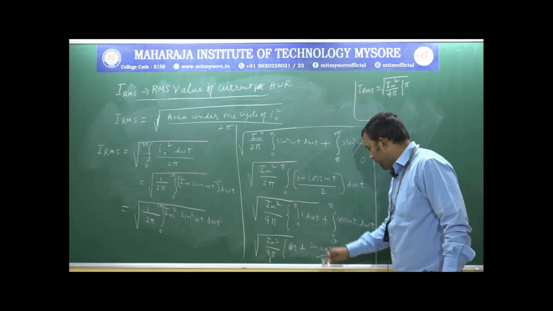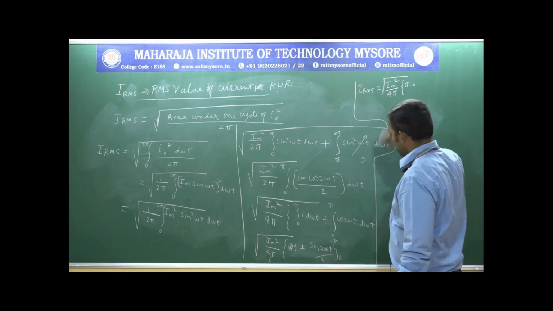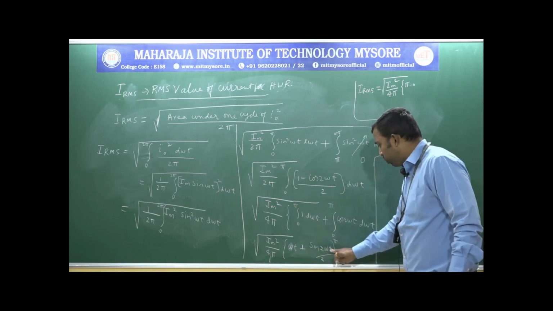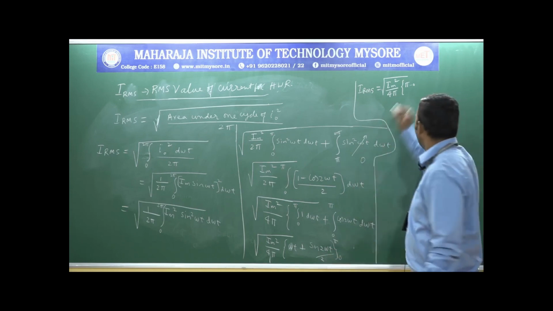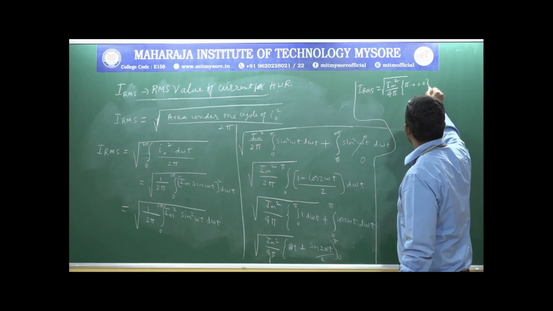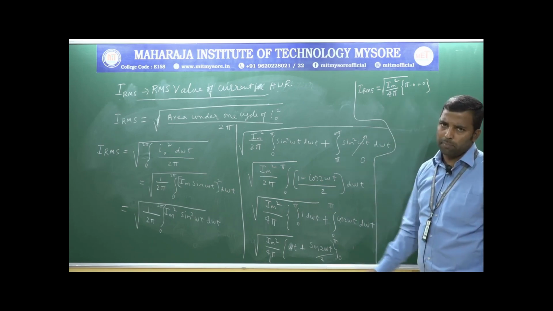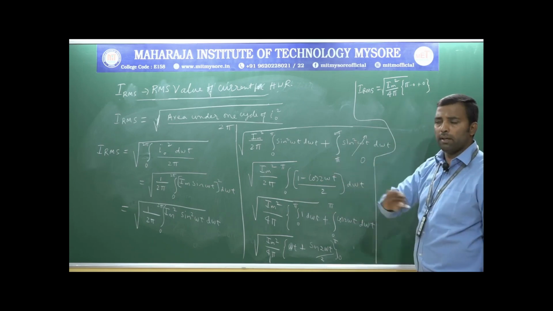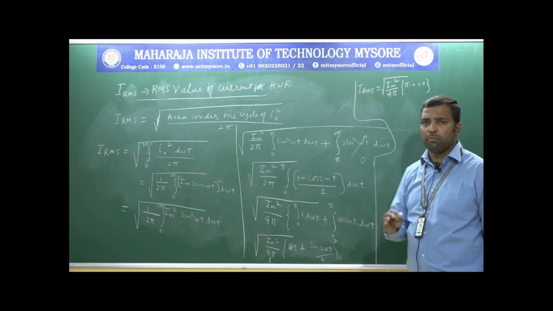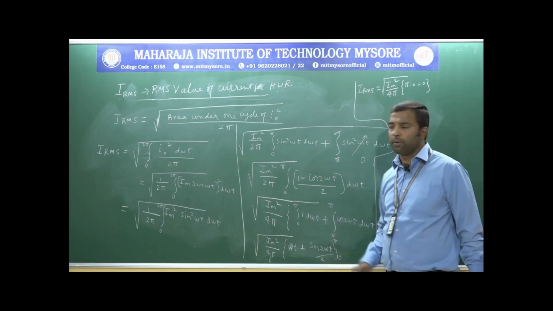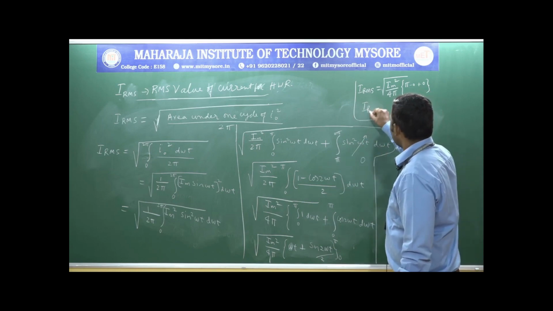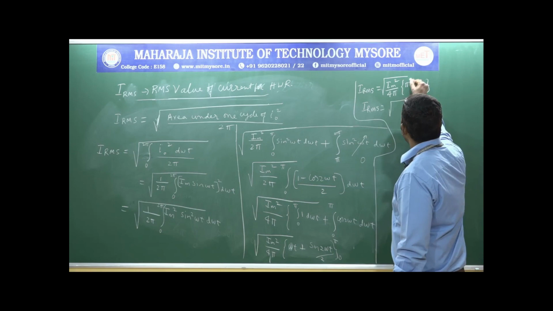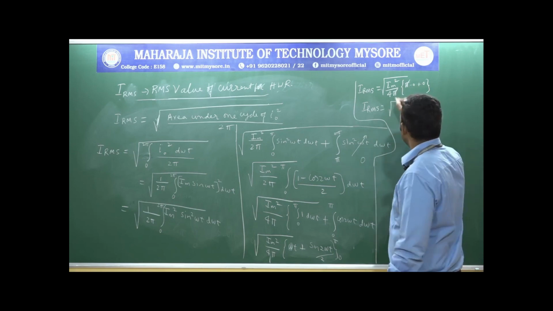again, (pi minus 0), next plus sin 2 pi by 2. Sin 2 pi, or sin n pi, is what? 0. I can directly write this as 0. Sin 0 is also 0, sin pi also 0, sin n pi is also 0, where n varies from 0 to any value, whole numbers. Therefore, I RMS equals, pi gets cancelled, Im square by 4.